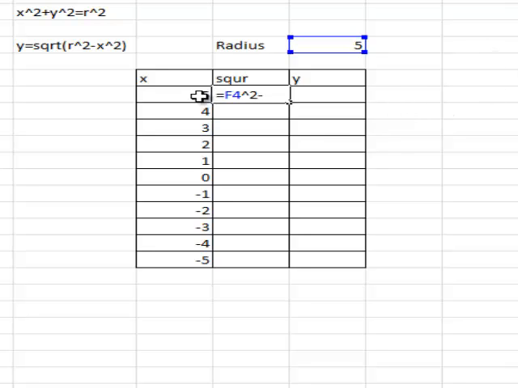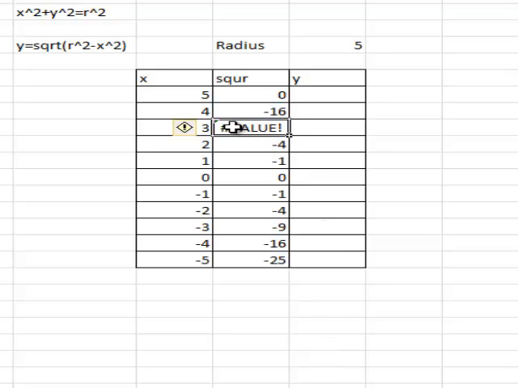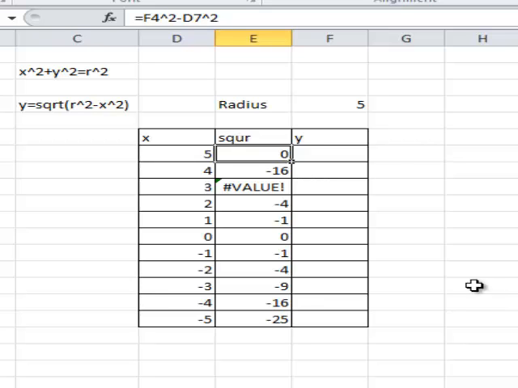Take x to the power of 2. Power, shift 6, 2. And we go enter. 0, that's good. We want it to be 0. Again, fill down. That is quite interesting. Very important.